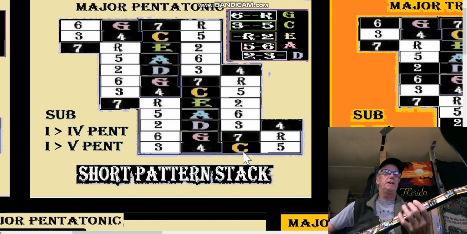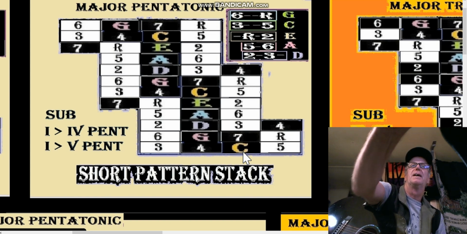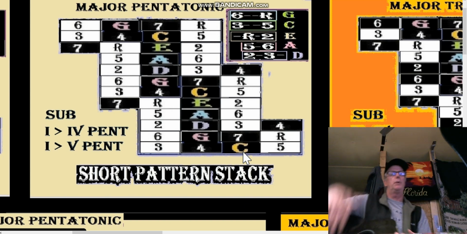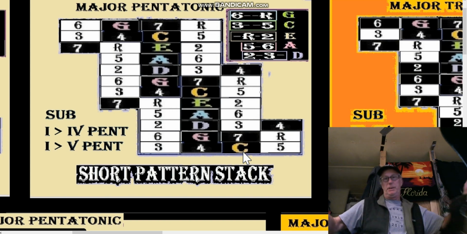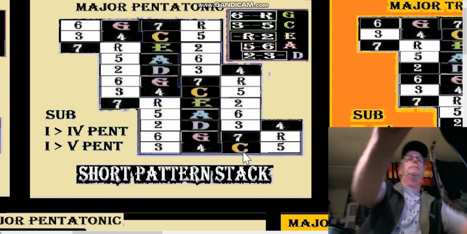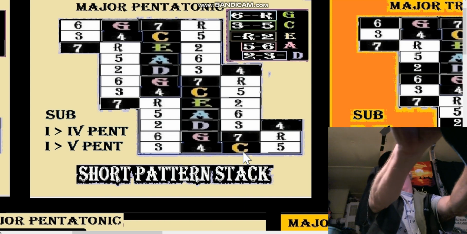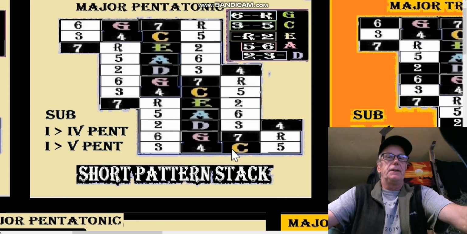See, we can't play a G diatonic there because then it would be going into the key of G. We don't want the F sharp unless we want the F sharp. Then we play the F sharp. But still that would be kind of in the key of G there.